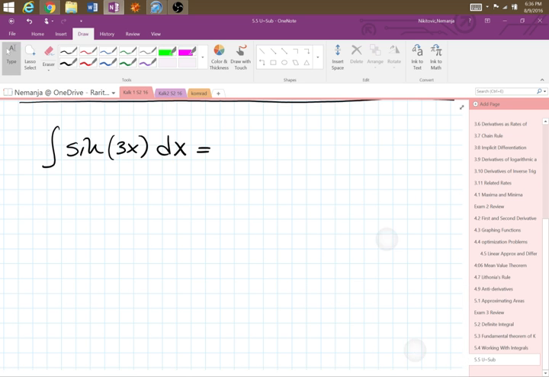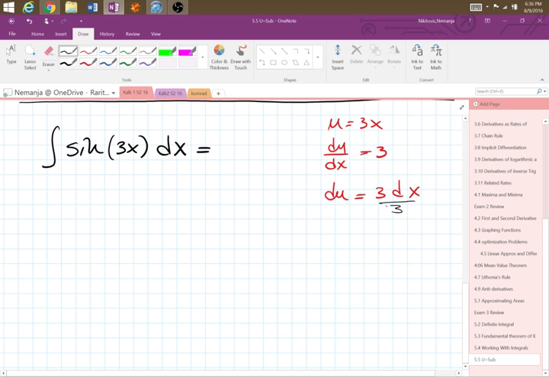So standard procedure, again, u is 3x, du over dx is equal to 3, du is equal to 3 dx, and then we'll divide by 3 on both sides to get dx alone. And now we have sine u du over 3.